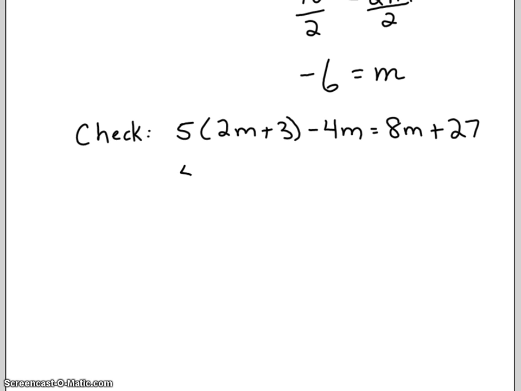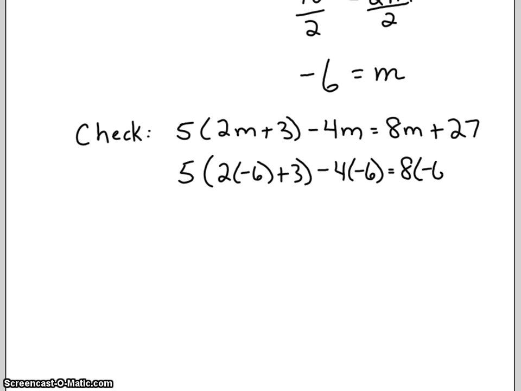So let's substitute this. This is really 2 times negative 6, plus 3, and then a minus 4 times negative 6, and then a negative 6 goes in for that m. So what I did was I substituted that negative 6 in for each m that I saw in my original problem.